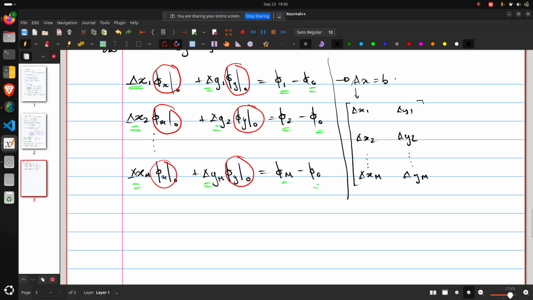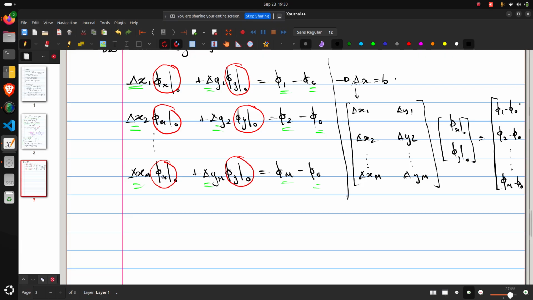And the vector which contains the unknowns will be phi x at C naught and phi y at C naught, that is the gradients. And the right hand side will be these known values, phi 1 minus phi naught, phi 2 minus phi naught, and so on, phi m minus phi naught.